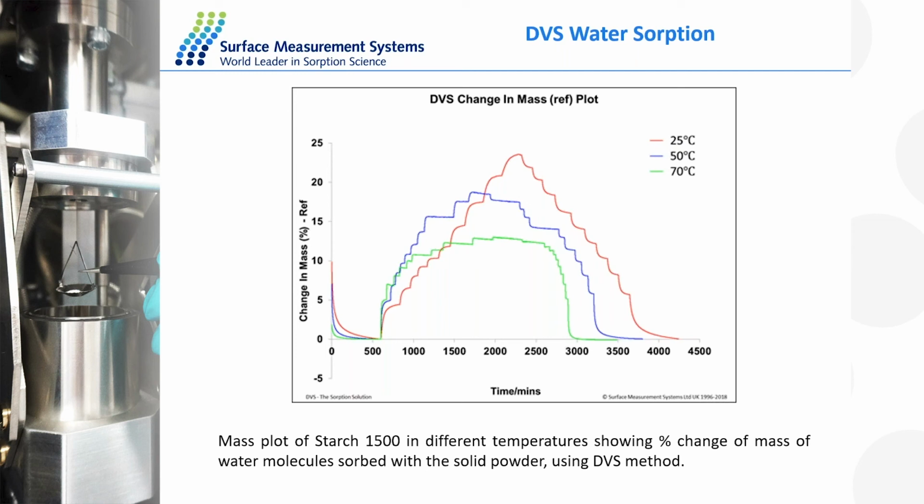As you go higher in temperature, the uptake decreases, and that's expected. At higher temperatures you have higher molecular mobility, so more molecules are moving in and out of the bulk of the material, and the net effect is that you'll have a lower uptake at higher temperatures. And you see this with a number of different materials; the same effect can be observed.